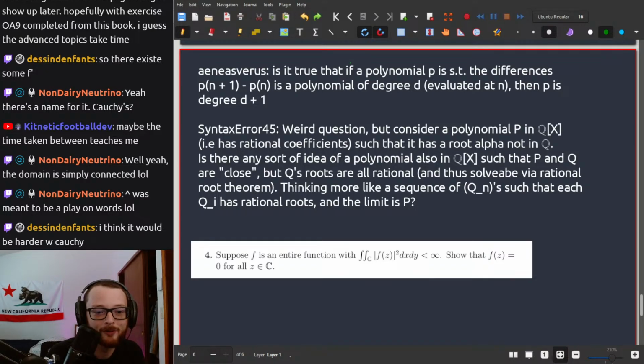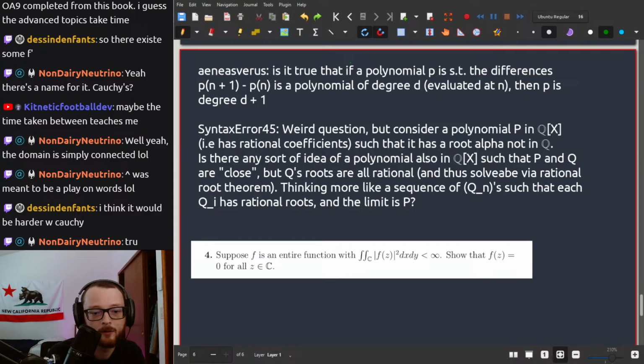This is more like Liouville or something. F is entire, which means f is harmonic. And a bounded harmonic function has to be constant. Why does it have to be 0? Oh, because then the integral wouldn't be finite. Okay. There we go.